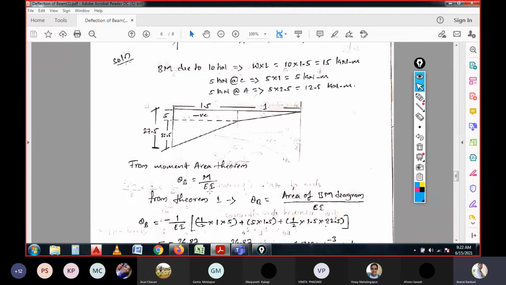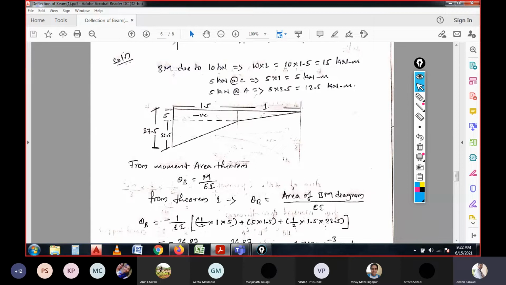So theta B is M by EI. So from theorem number 1. So what is theorem number 1? Theorem number 1 defines the slope. So what we have discussed, that is slope theorem number 1: the change in slope between two points on a straight beam or straight member under flexure, that means under a loading or bending, is equal to the area of the M by EI diagram between those two points.